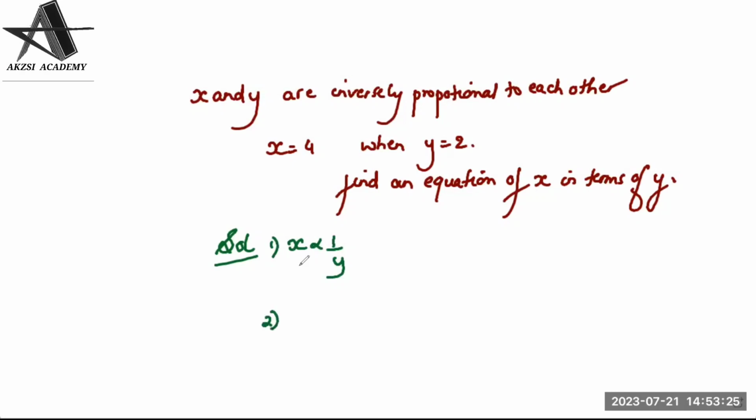Second step is I need to remove the proportionality sign and introduce a constant. So x is equal to k by y. Now we already have the values of x and y. So in place of x, I'll write 4 and in place of y, I'll write 2. So I have calculated k as 8, and put this value of k back into the equation we have found. So x is equal to 8 over y.